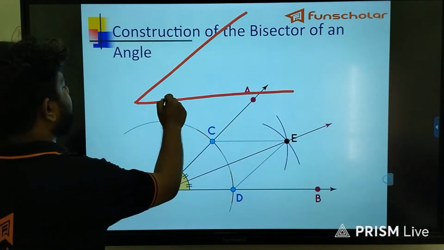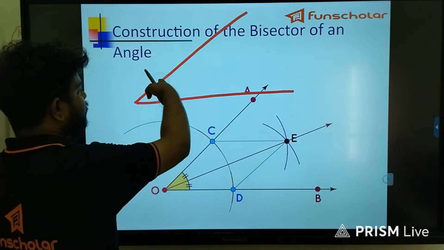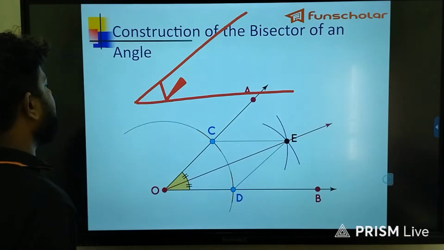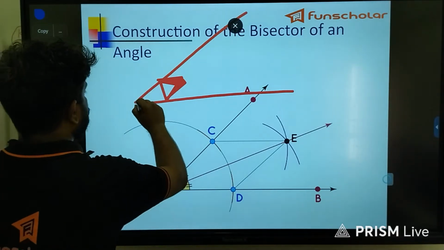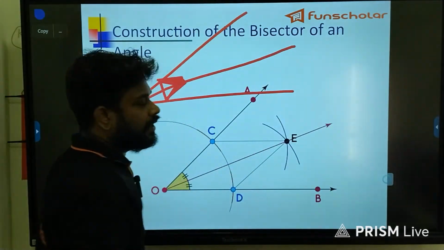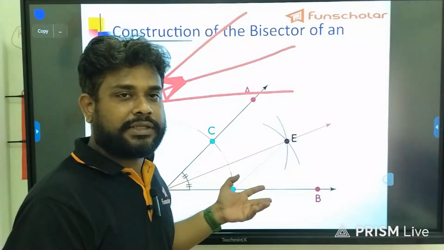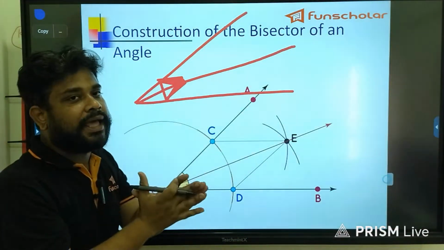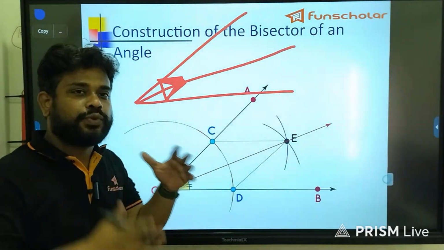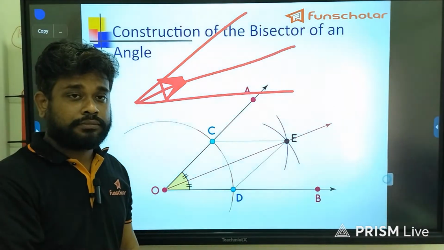So first put your pencil compass here, measure this and draw an arc. Again from this point draw an arc and then join the points, and you will end up drawing an angle bisector here like this. Okay, this one is a very small angle, and for smaller angles we will get the bisector also smaller than this one.